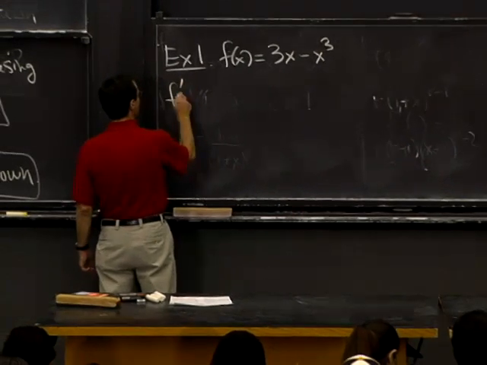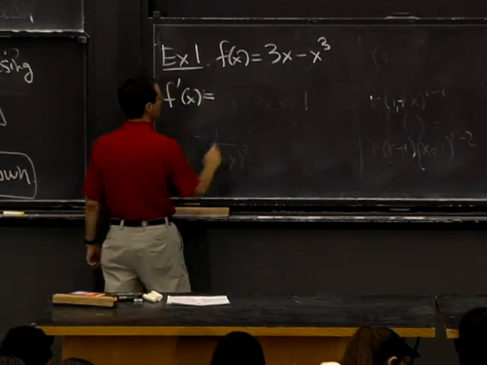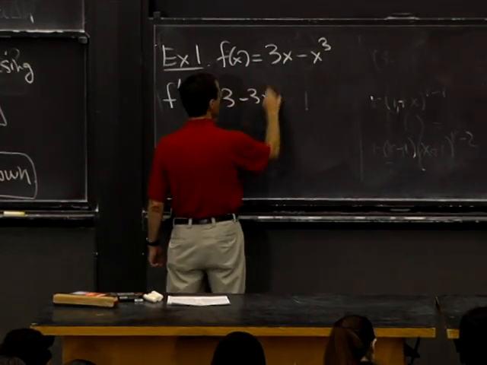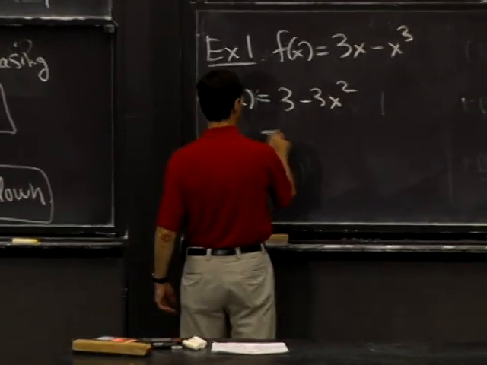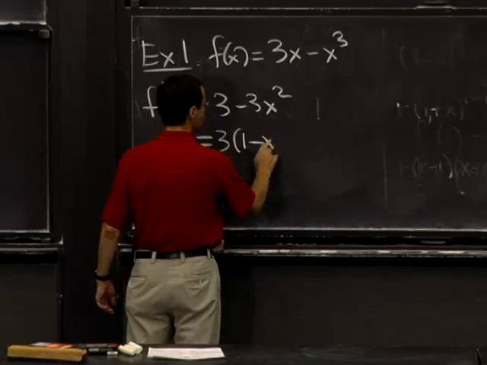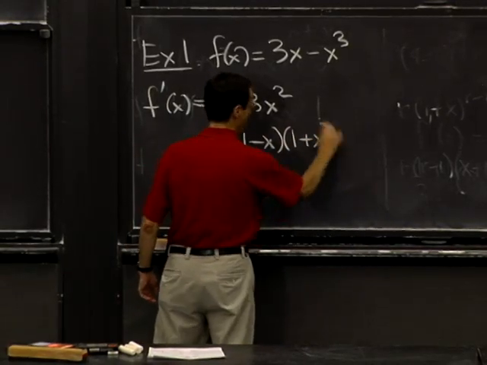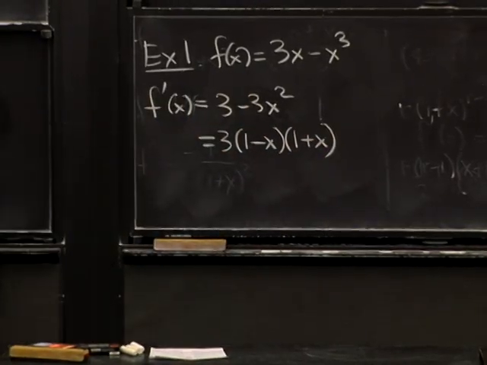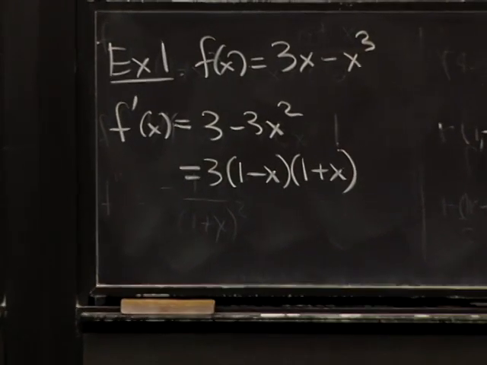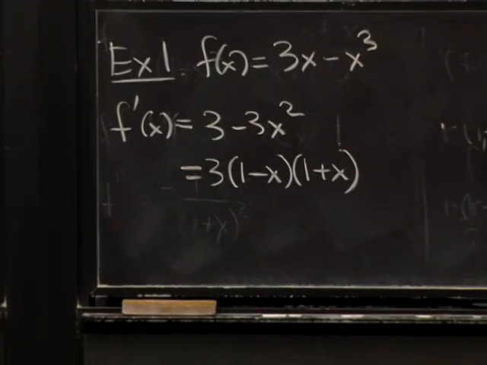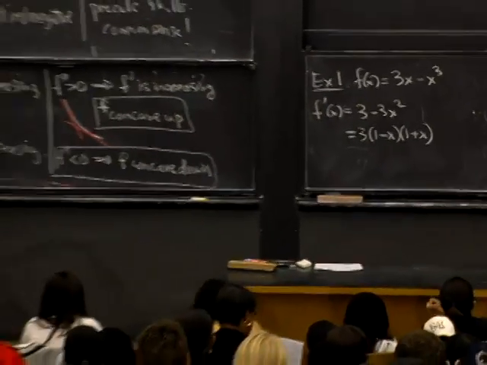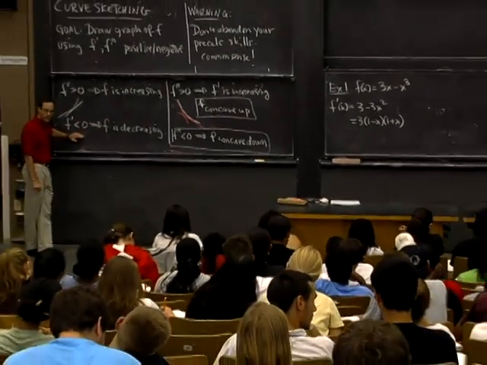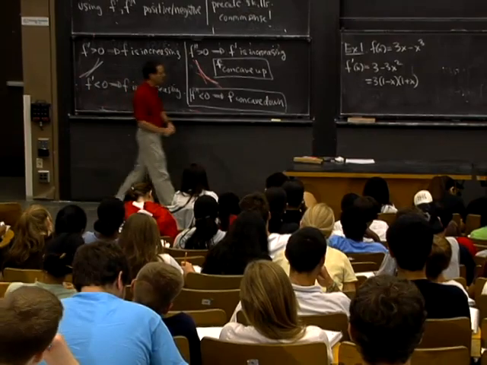Now, if you differentiate it, you get 3 minus 3x squared. And I can factor that. Right? This is 3 times (1 minus x) times (1 plus x). Okay? And so I can decide whether the derivative is positive or negative easily enough.